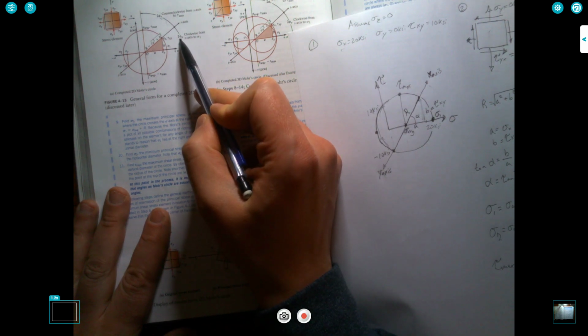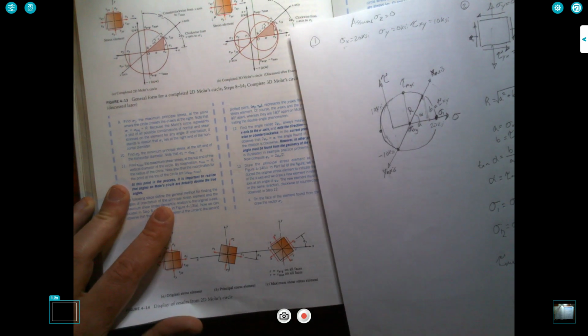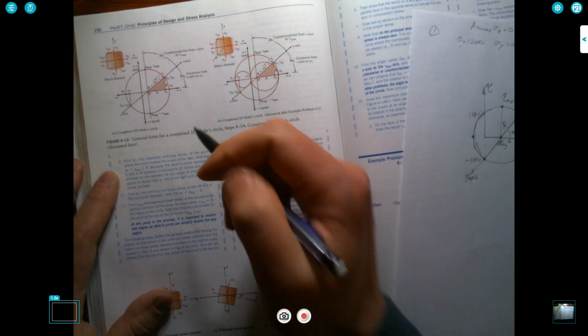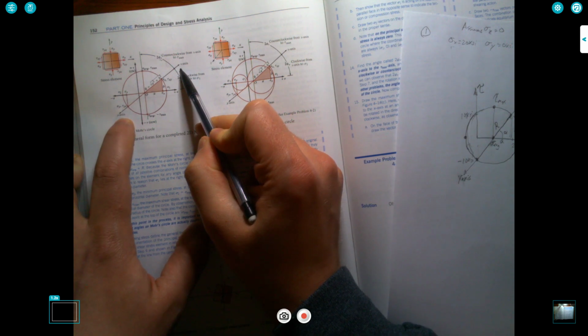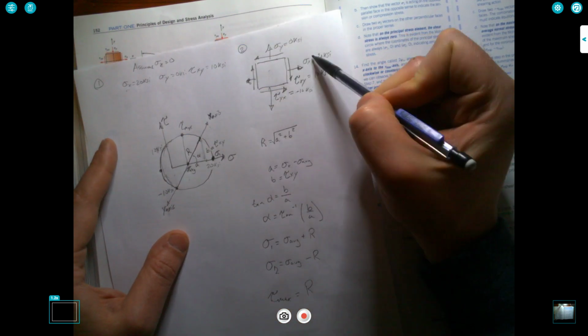And we want to divide whatever angle we get here by 2 in order to get us to the principal axis. And we see this because basically we know our x and y axis here are going to be 90 degrees apart. So typically we draw our principal stress, we have our y axis, x axis.